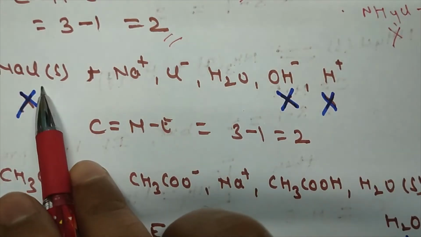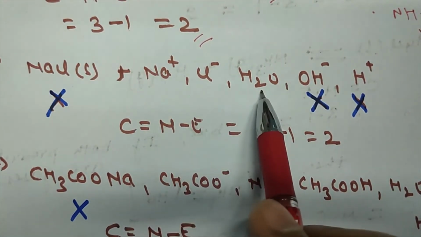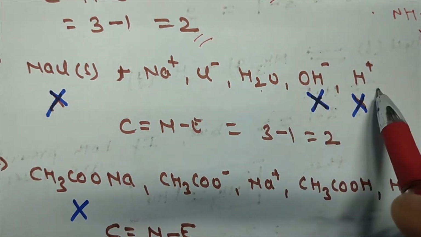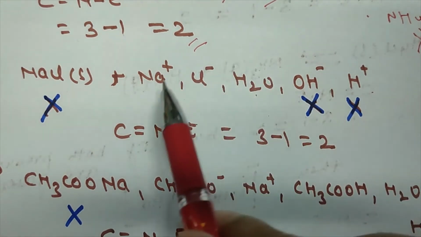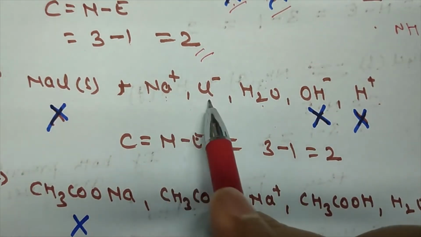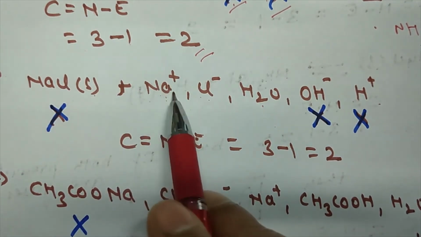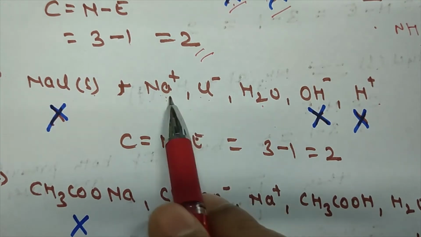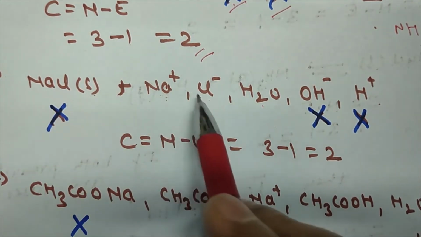Again NaCl, Na plus, Cl minus, H2O, OH minus, H plus. Now see, both rules can apply here, what we have discussed previously. Na plus and Cl minus can combine into NaCl. I said when a salt and its ions are given, then don't consider the salt, you may consider the ions.